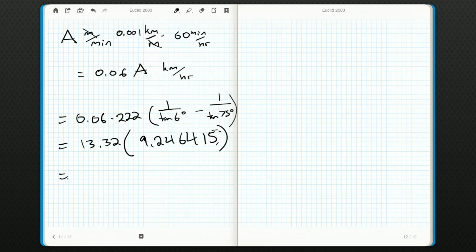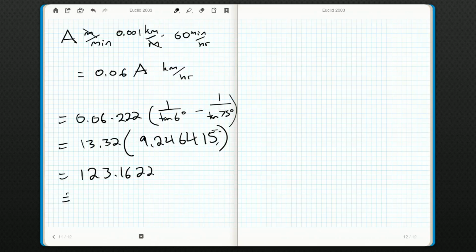So 13.32 times 9.246415, and there's some other digits in there if you want them. You really judge how much, but the more decimal places, the better. And I get 123.1622 and some other stuff.